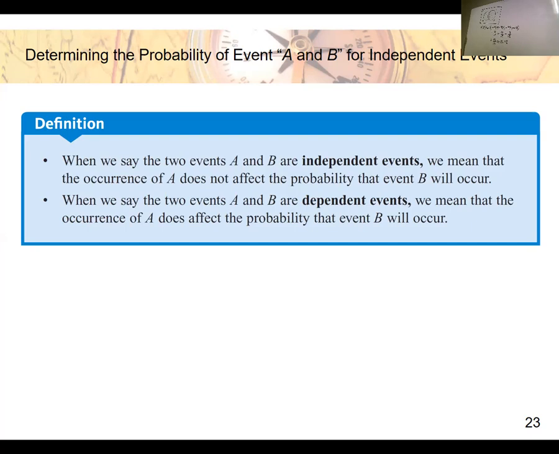An example of that would be tossing a fair coin and rolling a fair die. Those can be considered independent, because what I get on the fair die would not depend upon what I get on the fair coin.